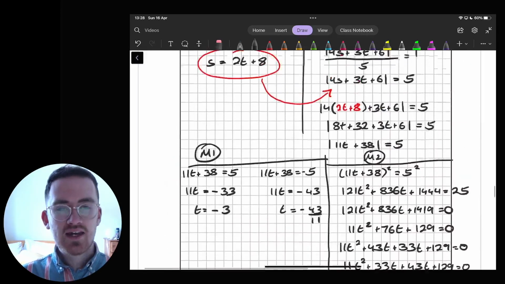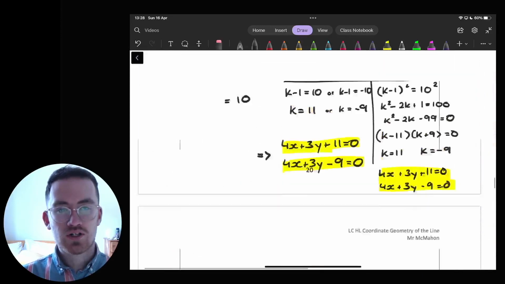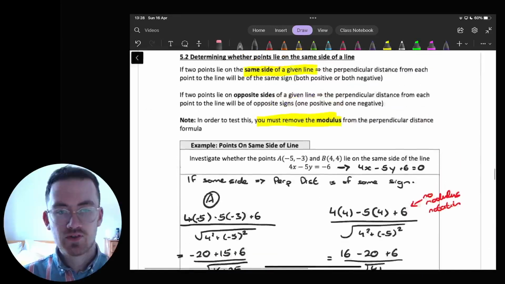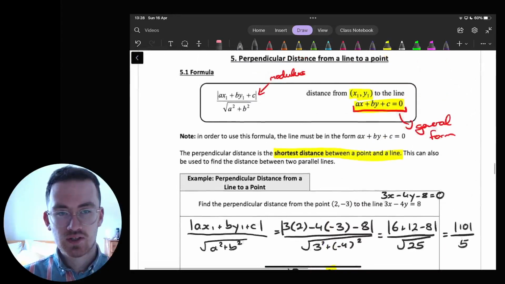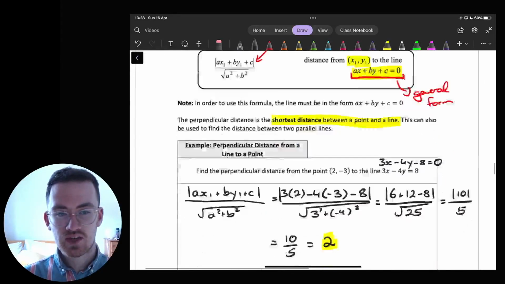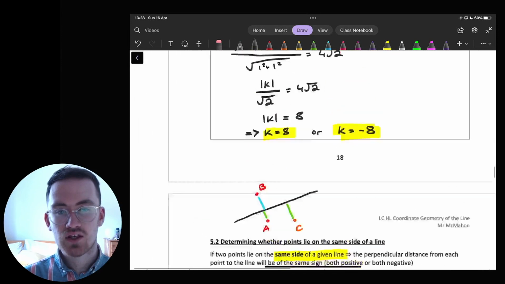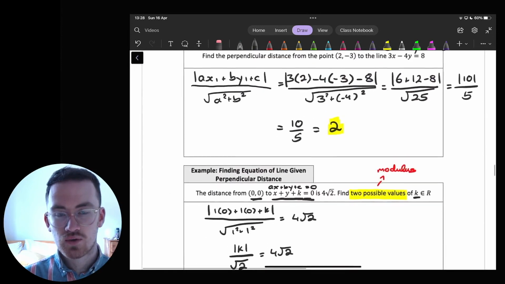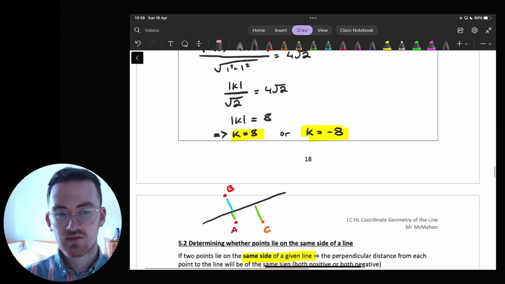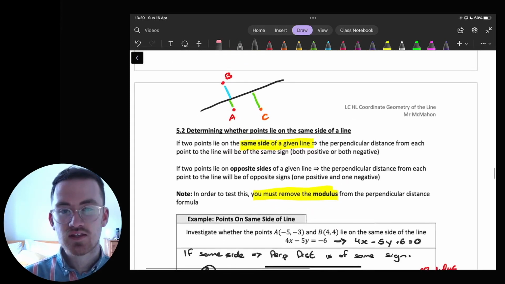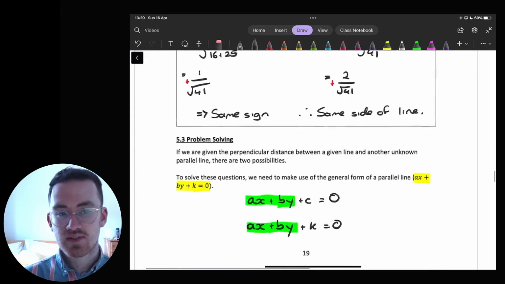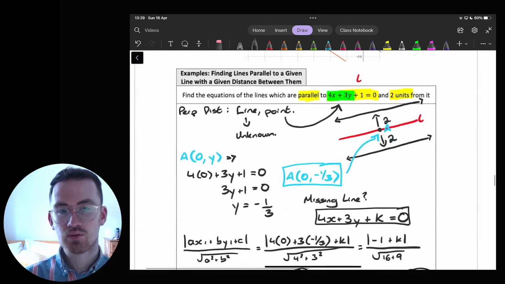So the key thing here, I suppose, across the board is making sure you're happy with that formula, first of all, that you're able to use that formula fluently, that you know how to sub everything into it. This idea of using the general form of the equation of the line, particularly when we have parallel lines. This whole thing about whether points lie on the same side of the line, obviously very important.